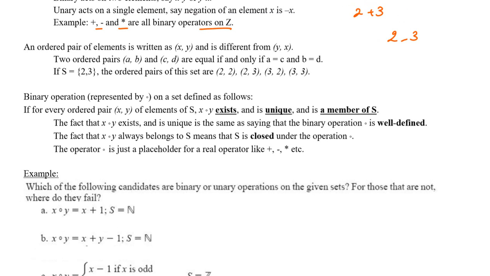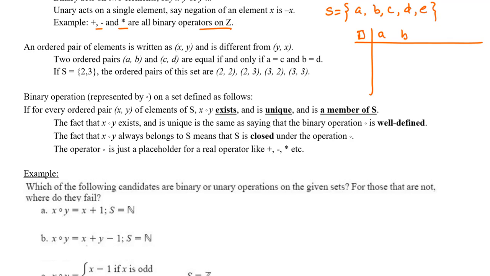It doesn't have to be addition or subtraction. If I have a set S, and my set S is, maybe I even choose not numbers, letters A, B, C, D, and E. And my operation will be a square, whatever, it's a placeholder.